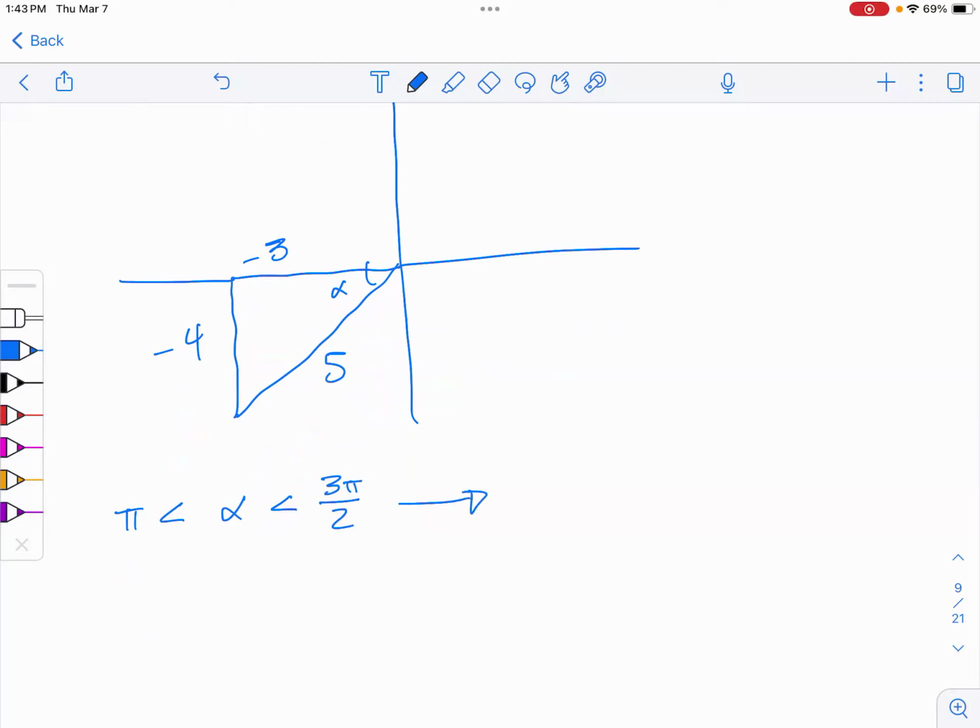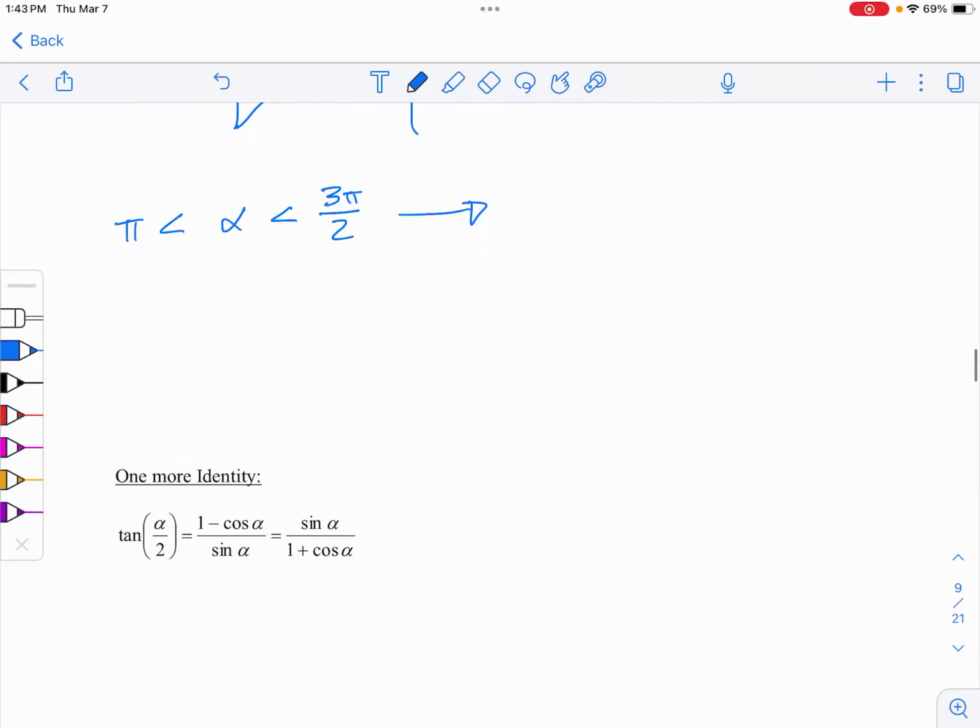Now, we need a couple things. We need to identify the sine of the half angle, which means we need to identify the quadrant of the half angle. Now, the best way to do this, I was told the angle exists between pi and 3 pi over 2. Well, I'm trying to identify stuff for the half angle, so take this whole thing, divide it by 2. That gives me pi over 2 less than alpha over 2 less than 3 pi over 4.